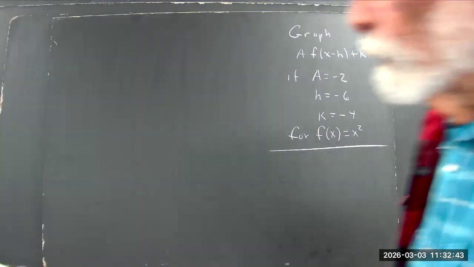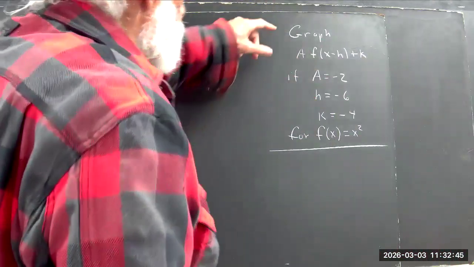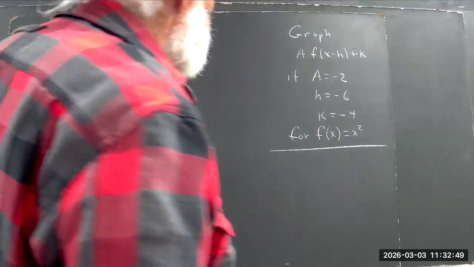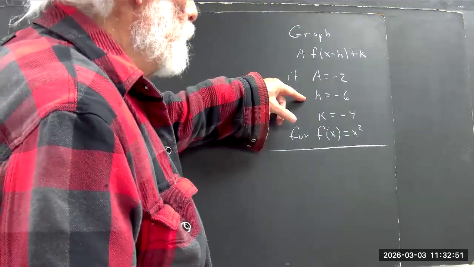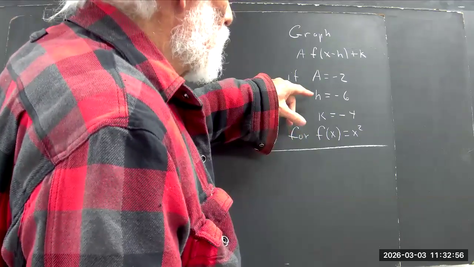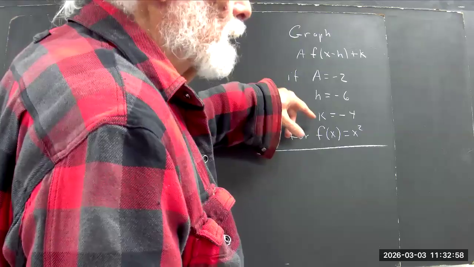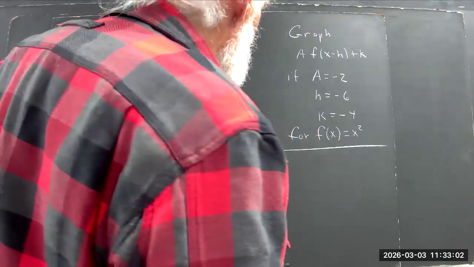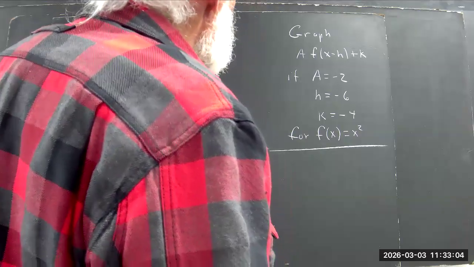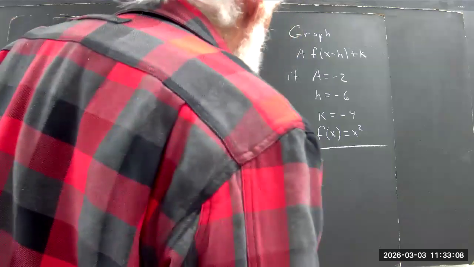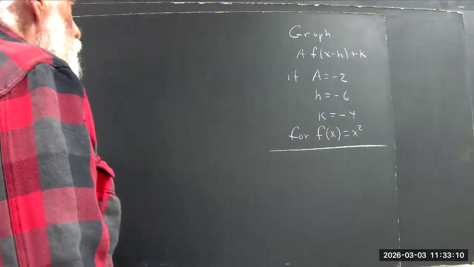The second quiz problem was graph a f of x minus h plus k for a equal negative 2, h equal negative 6, k equal negative 4. And this is for the function f of x equals x squared. Well, let's see what transformations we have to do and in what order.